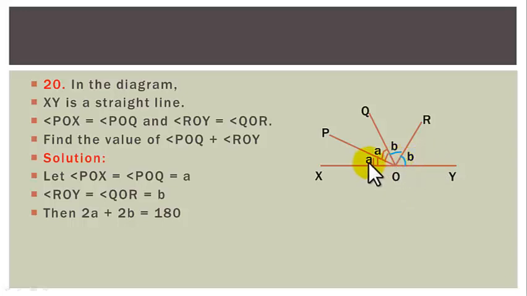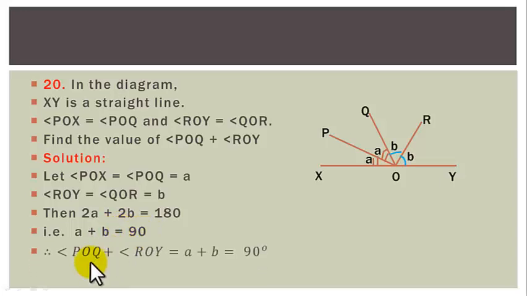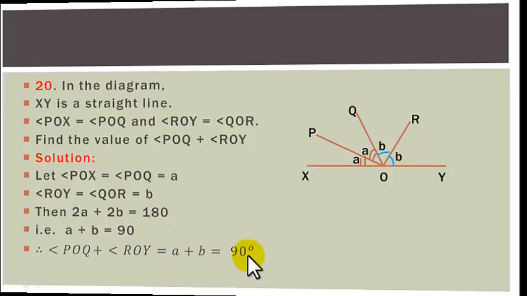That is, A plus A is 2A, plus 2B should give us 180 degrees. Dividing both sides of this equation by 2, we obtain A plus B is equal to 90. Therefore, angle POQ plus angle ROY is equal to A plus B, which is equal to 90 degrees.